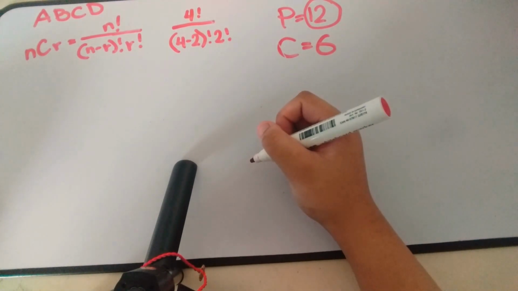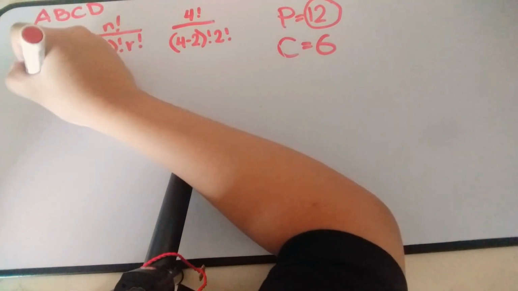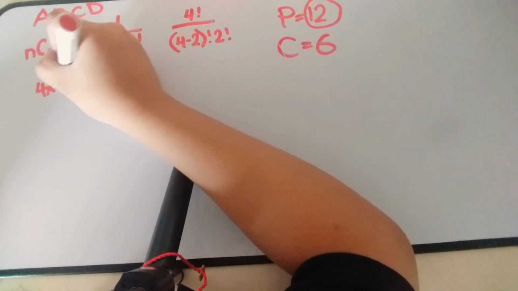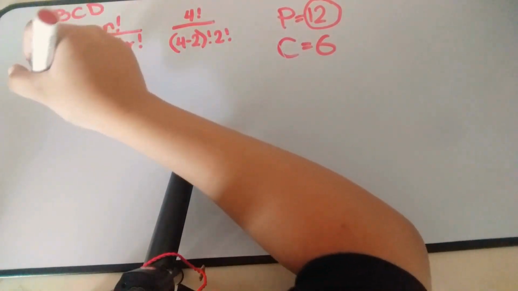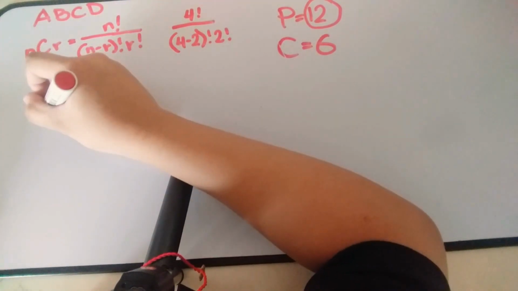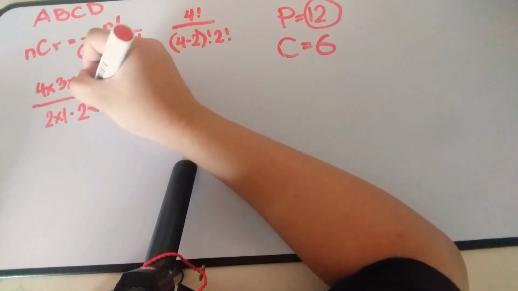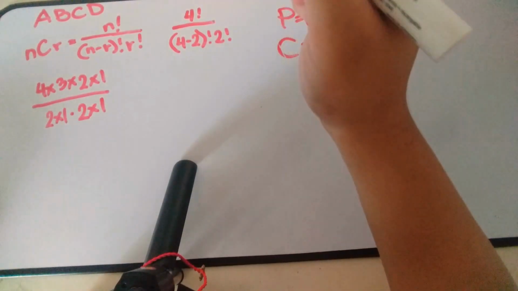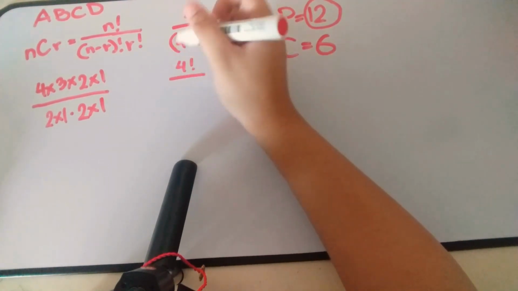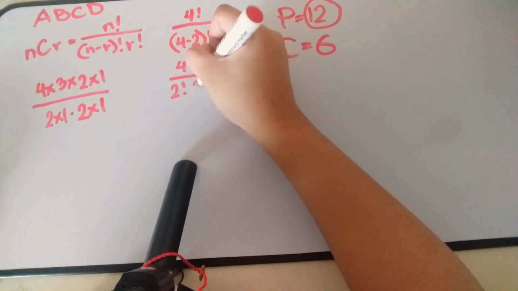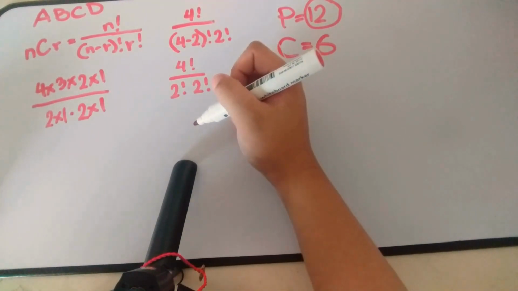And we know that 4 factorial is 4 times 3 times 2 times 1. 2 factorial is 2 times 1, and we have another 2 factorial.